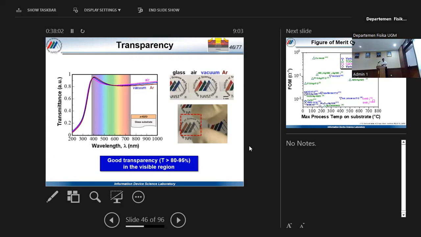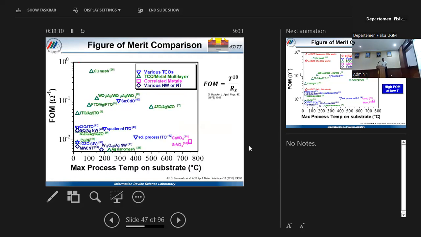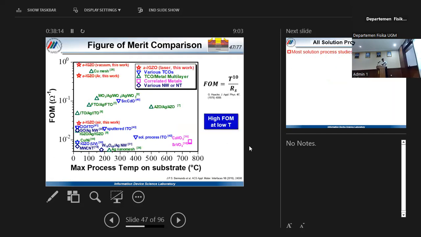So the laser does not change the opacity or the band gap of the semiconductor. These are the other studies on transparent conductors, and our study is here: very high figure of merit and very low process temperature, because the laser is only selective at the surface.